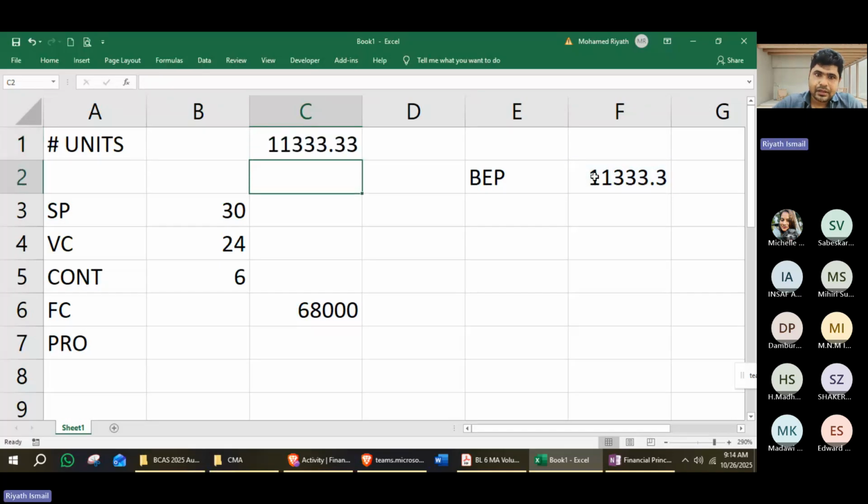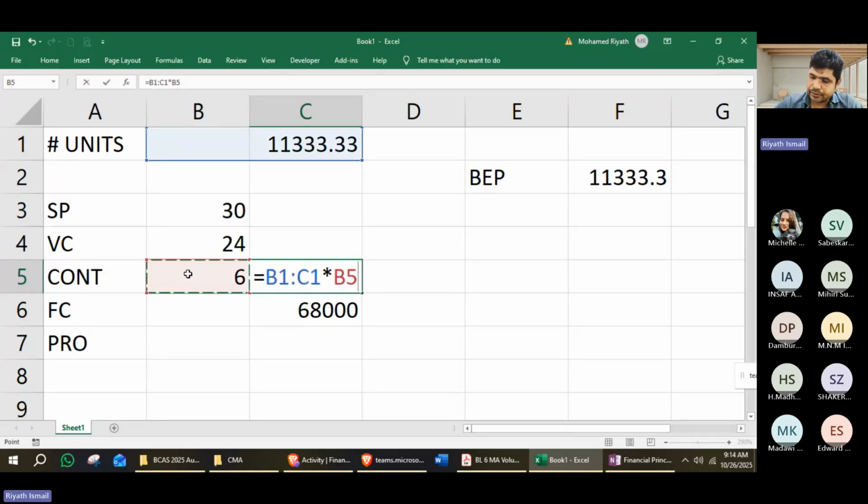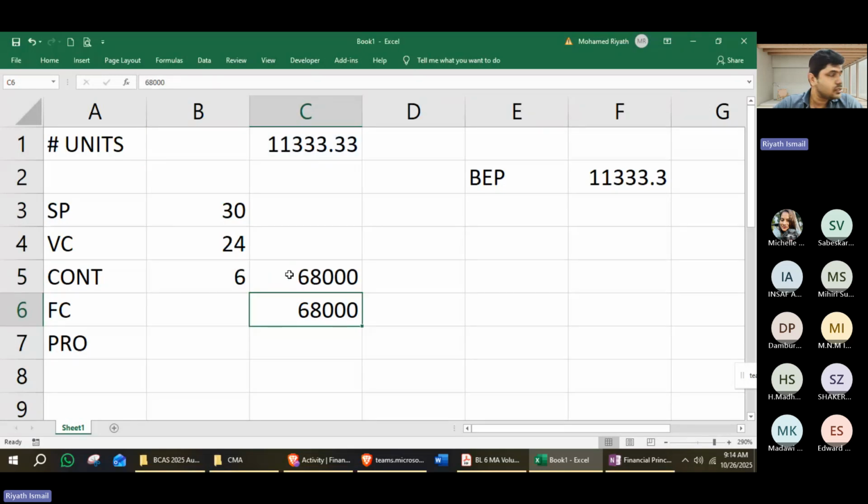Let's see. Then total contribution could be this value into this contribution per unit. You see 68, right? 68 million. Contribution equals 68 million. Fixed cost 68 million.